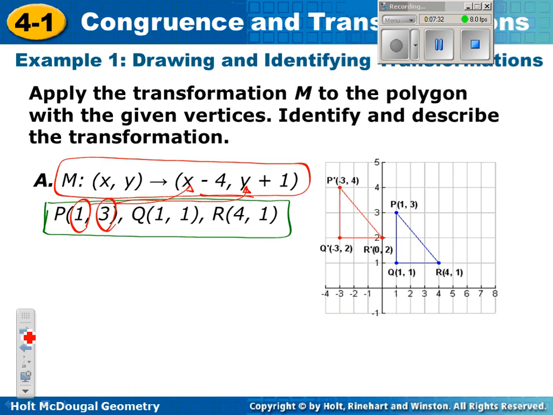And that would give me p prime. But I know just by looking at this rule, and after today, you need to be able to tell by looking at the rule. I will give you problems where you won't be able to graph it. There will be no initial points. It'll just be a rule, and it'll say, what is this transformation? So by the end of the lesson today, you need to know. This is a translation without graphing.